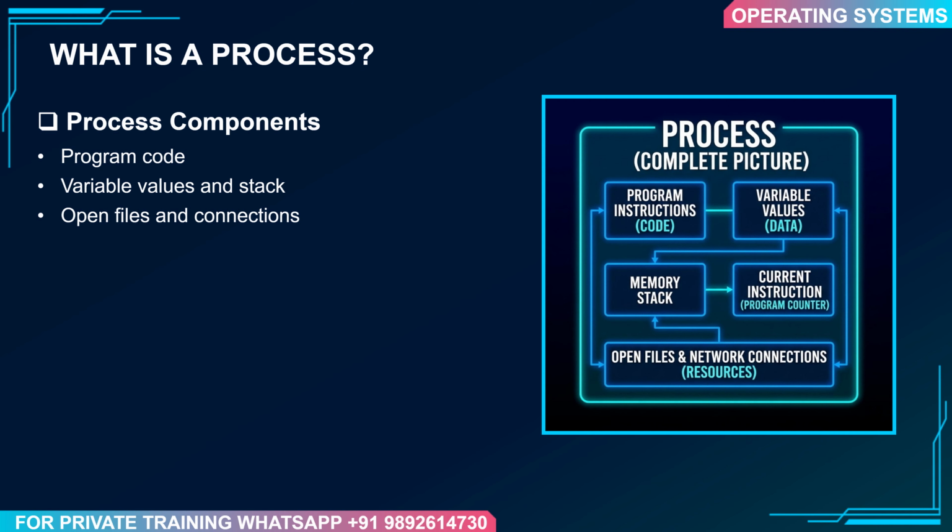Another important idea related to a process is that it contains more than just code. A process includes the program instructions, the current values of variables, the memory stack, and information about which instruction is being executed right now. It also includes details like open files and network connections. All of this together forms a complete picture of a process.